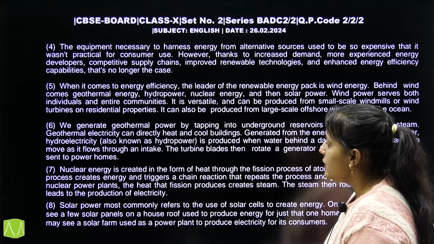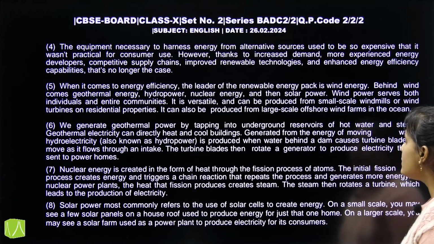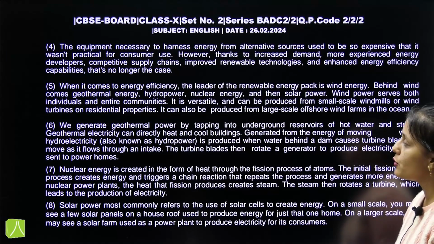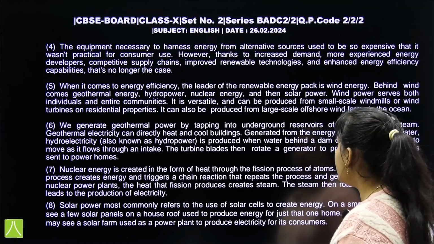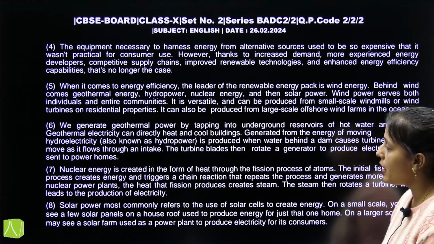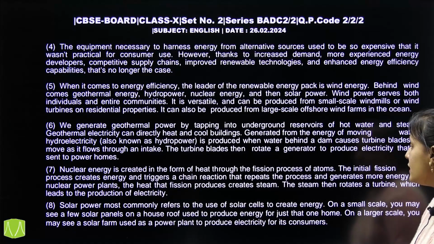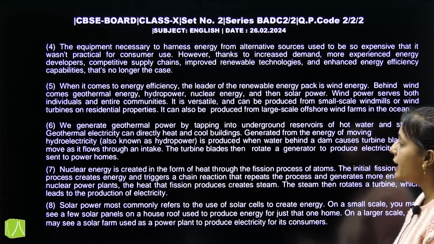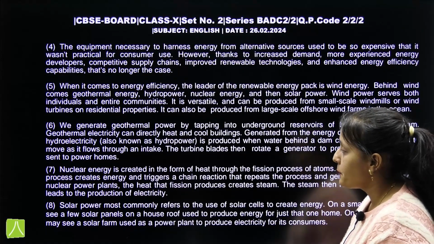Nuclear energy is created in the form of heat through the fission process of atoms. The initial fission process creates energy and triggers a chain reaction that repeats the process and generates more energy. In nuclear power plants, the heat that fission produces creates steam. The steam then rotates the turbine, which leads to the production of electricity.